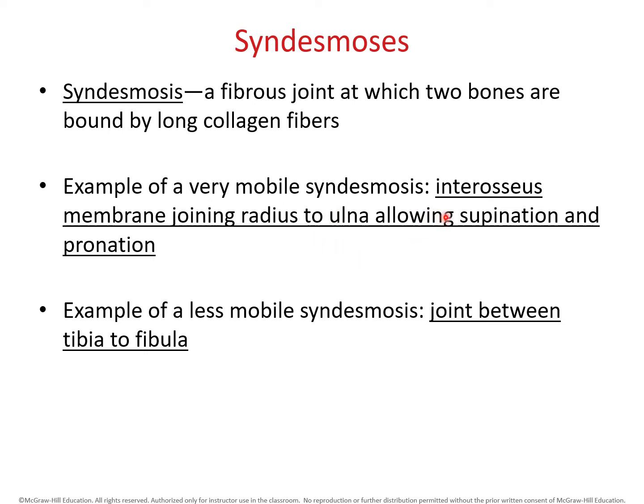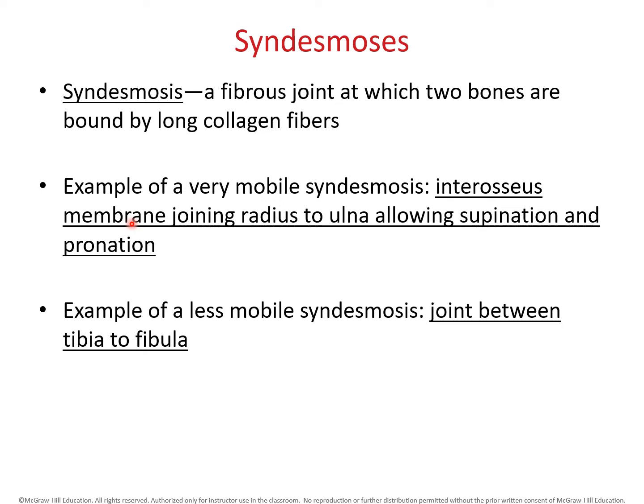Well, we have this interesting relation between the radius and the ulna, and we have a similar unique relation between the tibia and the fibula. I say it's unique because between the radius and the ulna, and between the tibia and the fibula, you have this special structure called an interosseous membrane.